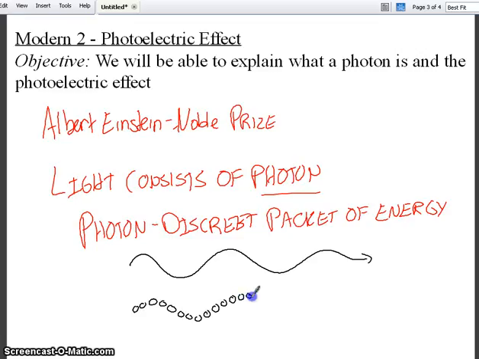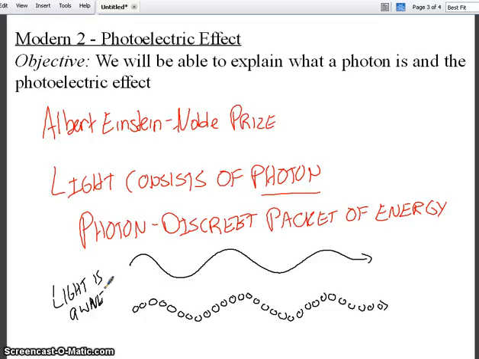So this is where we're talking about the duality of nature, and the fact that waves can exhibit particle-like behavior, because light is a wave.